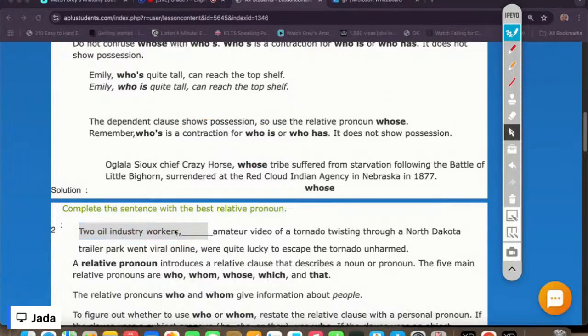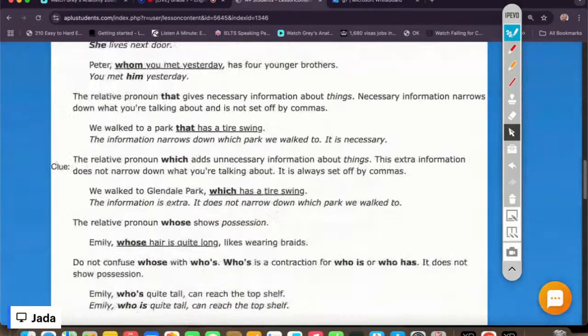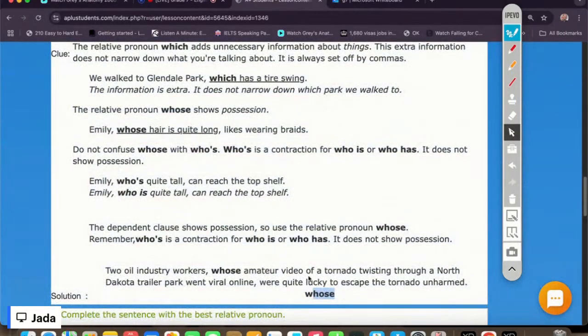To all industry workers, dash amateur video of a tornado twisting around a North Dakota trailer park went viral online. We're quite lucky to escape the tornado unharmed. So what do we have? Whose? Okay, so to all industry workers, whose amateur video?